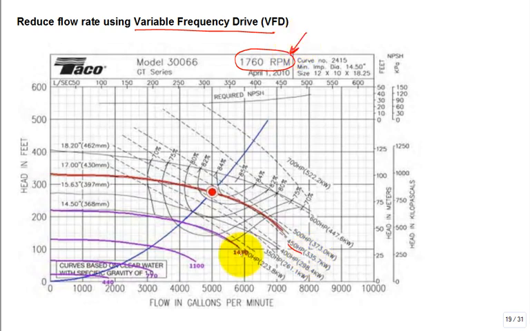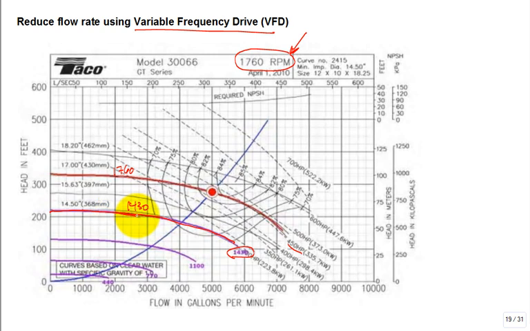But you can take that motor and that shaft to drive that pump and toggle it not at 1760, here's 1760, but to this purple curve right here, and it's hard to see, but that one is 1430 RPM. What will happen is your performance of that pump will drop.